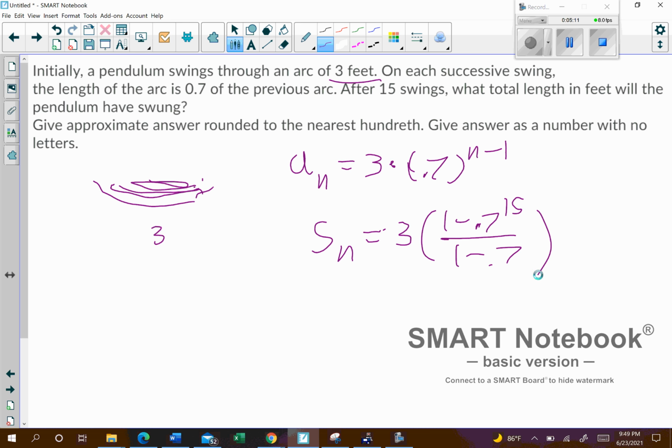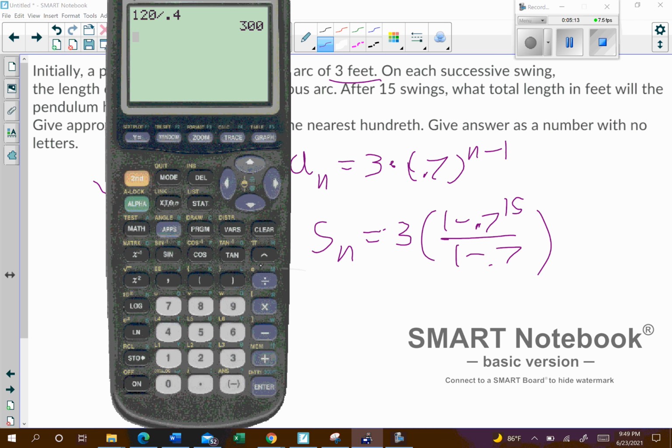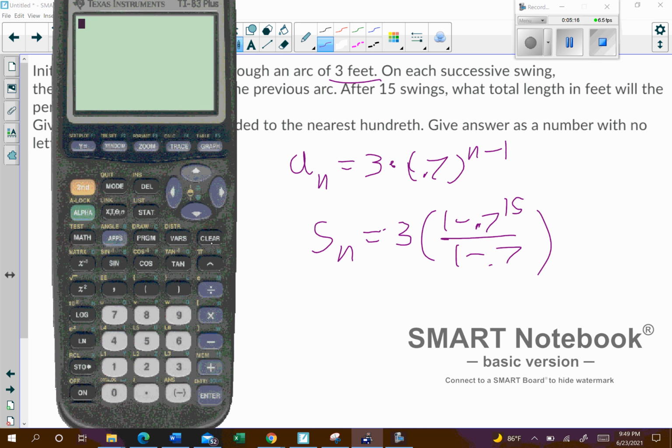And let's go ahead and try that in the calculator. All right, actually, I'm going to wait on that. I'm going to do the parentheses first. So let's see, 1 minus 0.7, and then we'll go ahead and raise that to the power of 15, close that, divided by 1 minus 0.7.